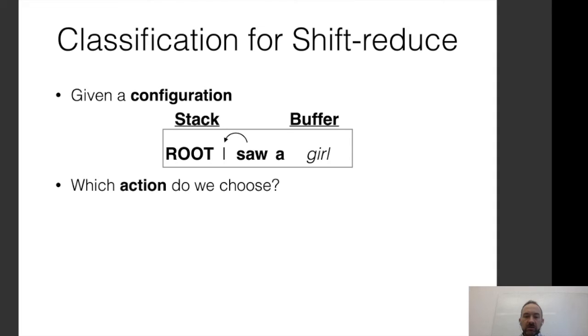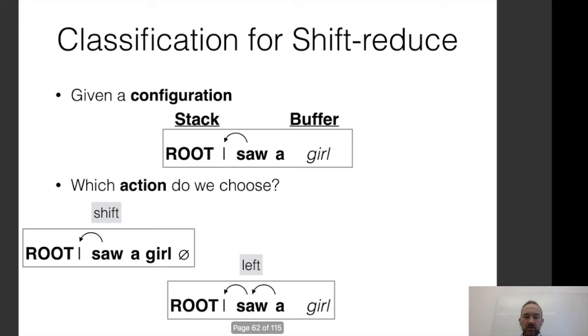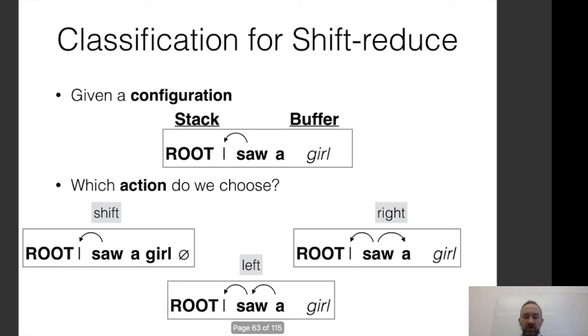And based on this choice, we'll get a new configuration. So if we shift, in this case, we would move girl from the buffer to the stack. If we predict reduce left, we will make saw a child of A. And if we reduce right, we will make A a child of saw.